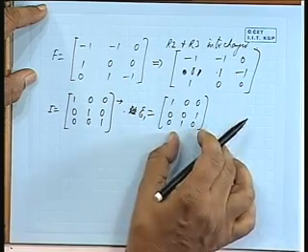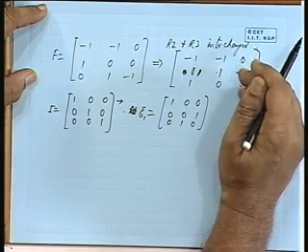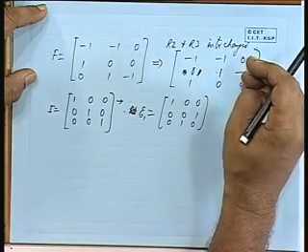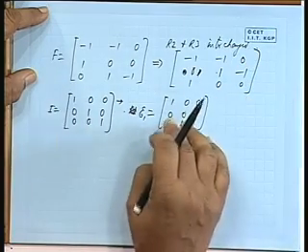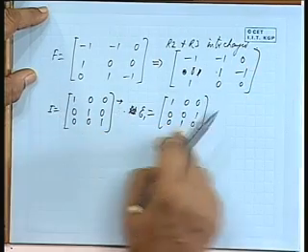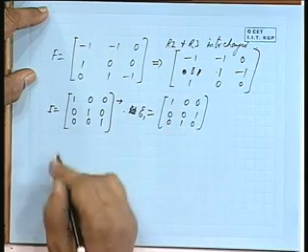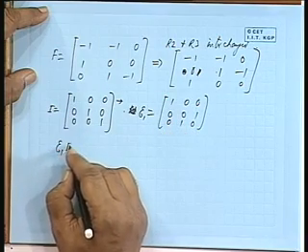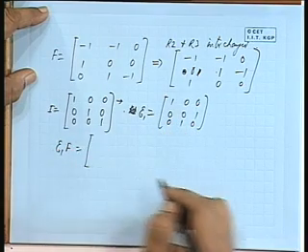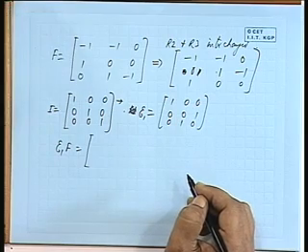Now, instead of doing this operation on F matrix, I am doing it on E matrix, identity matrix. Now, what is E1 into F?